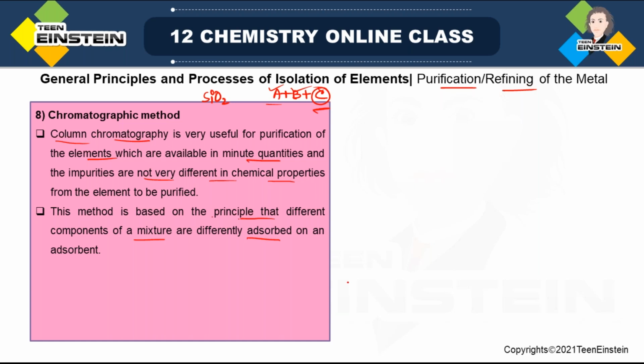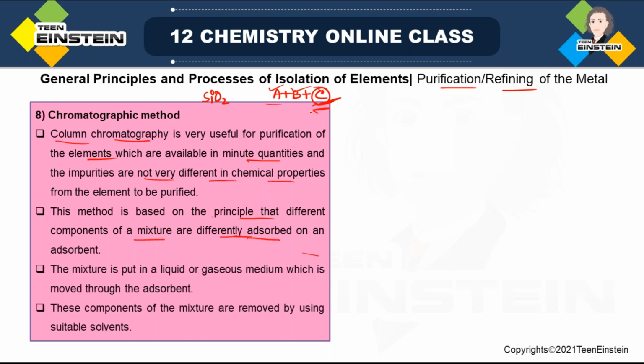Differently adsorbed means their adsorption quality is not the same for A, B, C. Suppose A is very strongly adsorbed and B is moderately adsorbed. Because if all of them are strongly adsorbed, then it will be very difficult to remove them. So based on this different adsorption property, we can separate them. It will be better if C is adsorbed but very weakly.